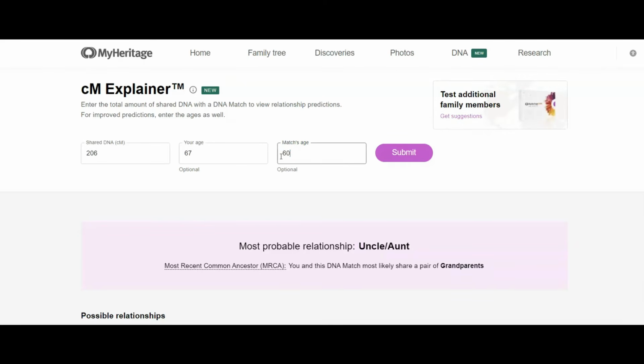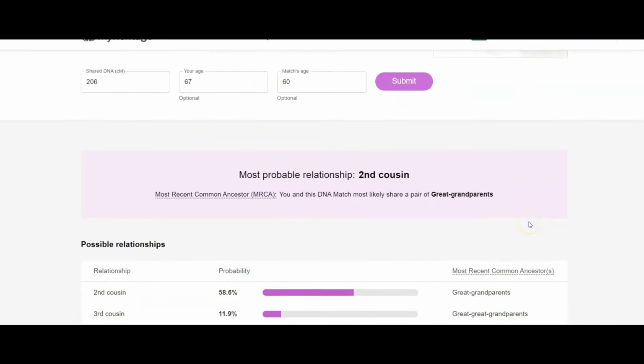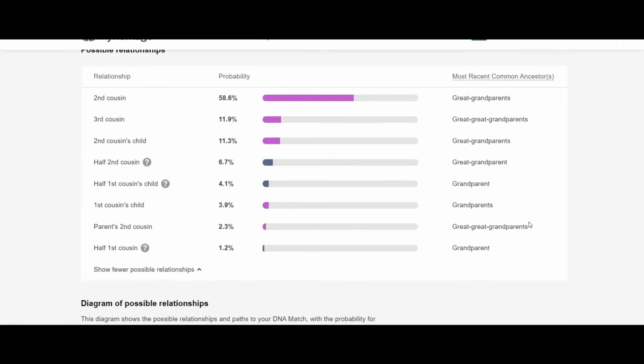And so I would estimate that her age is 60. So I submit, and it tells me that she is probably a second cousin, and we have a great-grandparent in common. Now, it also gives you the probability of that amount of centimorgans, so you can see it's a pretty high probability that she's a second cousin, because it's 58.6%.